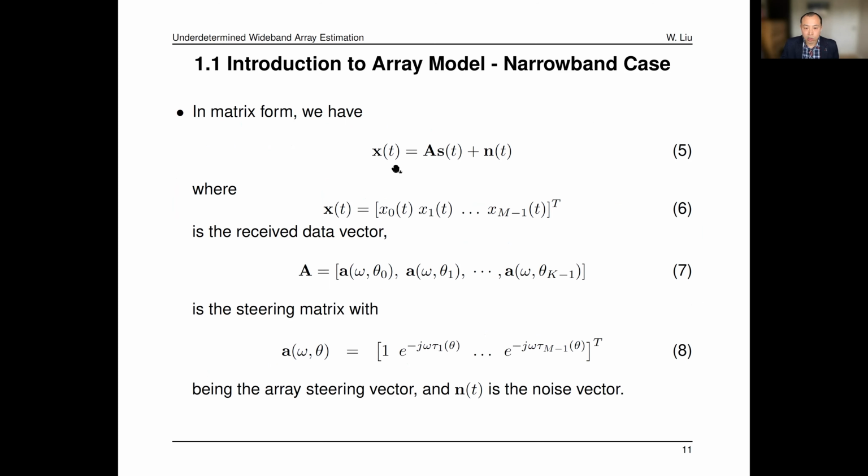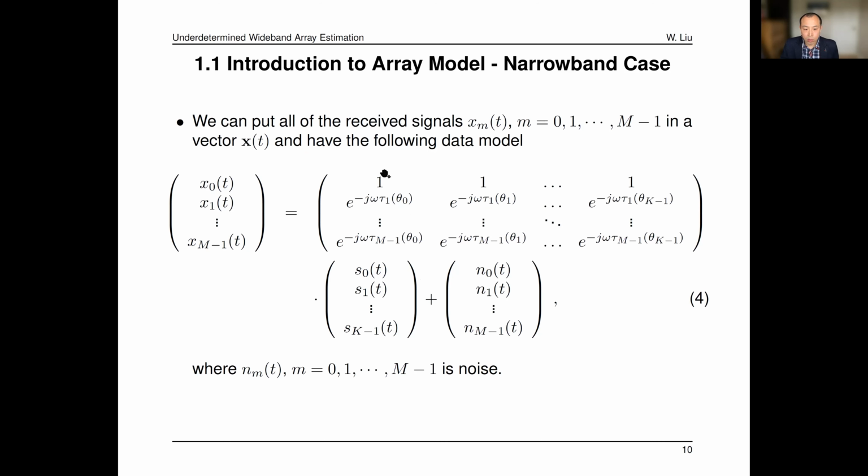And this steering matrix A, big A, is given by this. You have K steering vectors: a(omega, theta 0), a(omega, theta 1) until a(omega, theta sub K minus 1). And this is called the steering vector or response vector. Basically each column vector is a steering vector for the corresponding source, and is a function of theta.